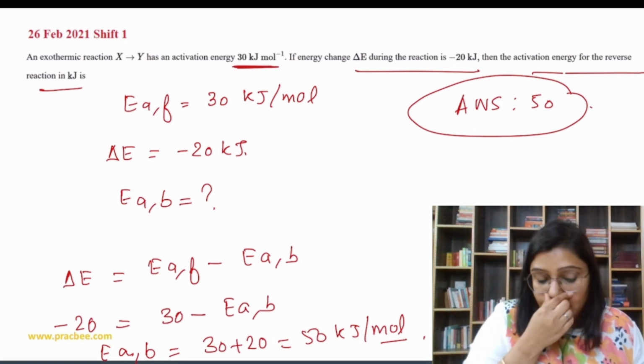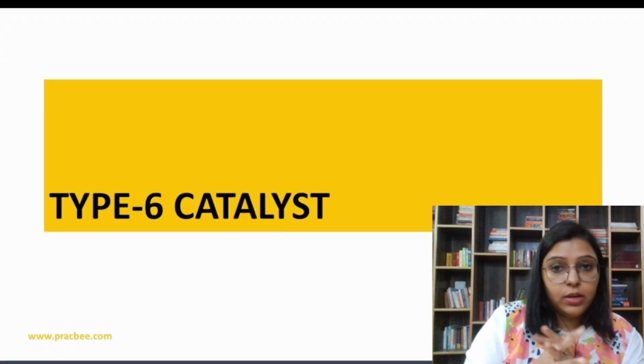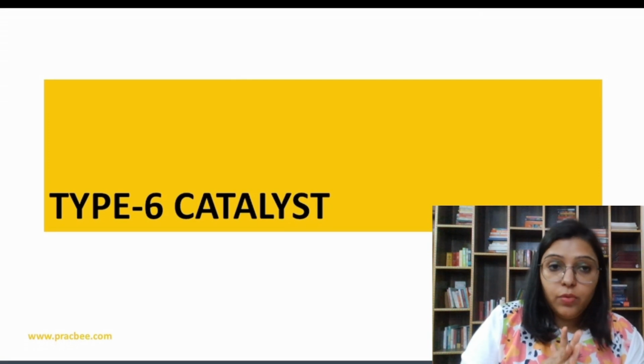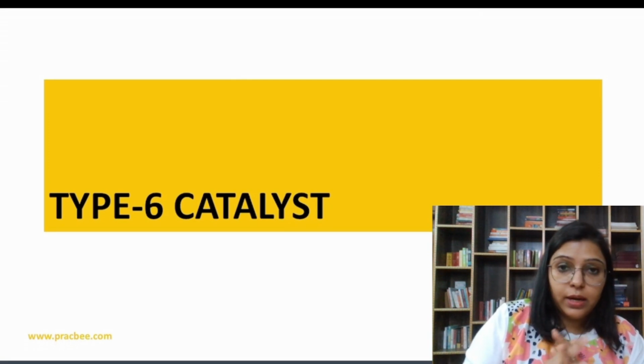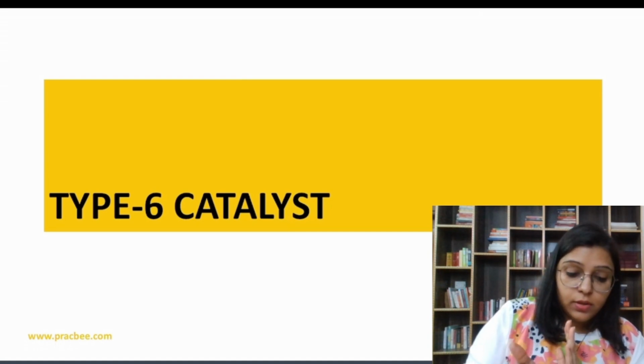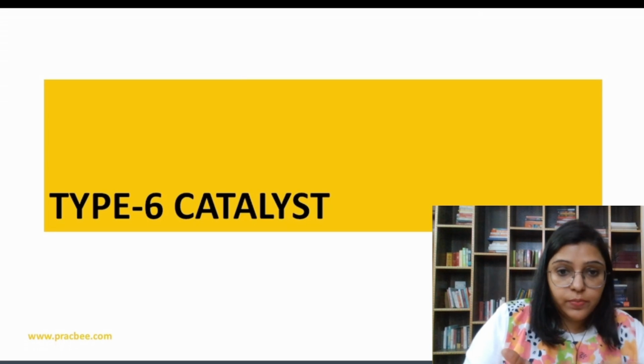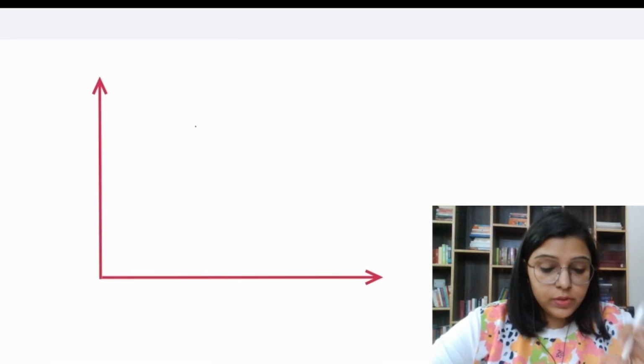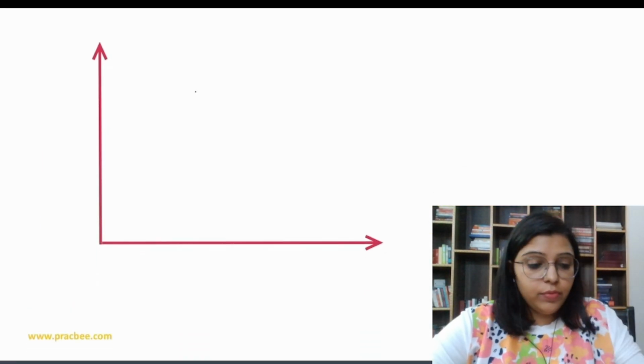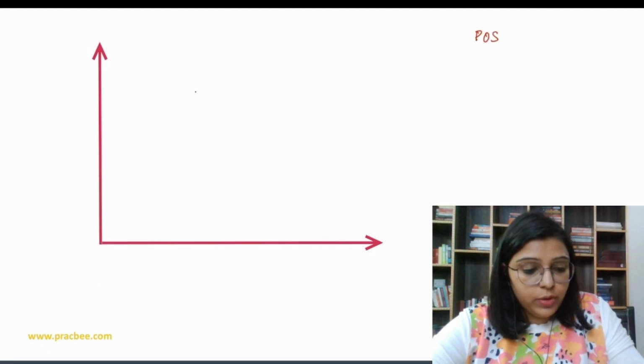So that's it for activation energy. We have discussed enough questions related to curves and all. Now we are moving to the next problem type, and in this we are going to discuss some problems related to the catalyst. Okay. So in the presence of a catalyst, what happens? Rate of reaction increases. We have two kinds of catalyst now.